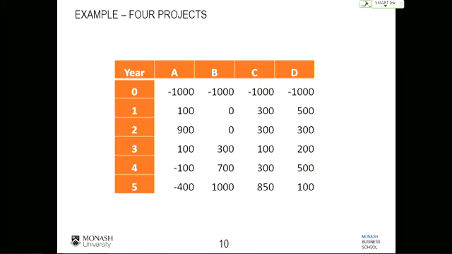Easy for you to see, right? With the second one, how long? 4 years. With the third one? 4 years. With D? 3 years. So which one should we prefer? A. Because the earlier that we are going to recover our initial investment, the better it is. That is based on the payback method.